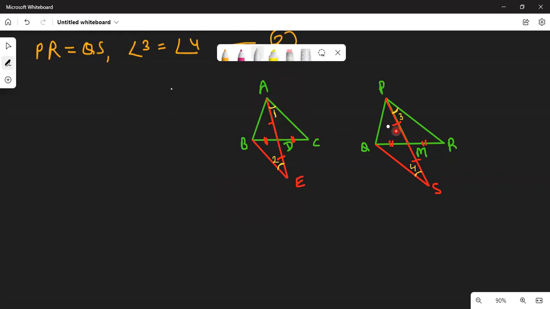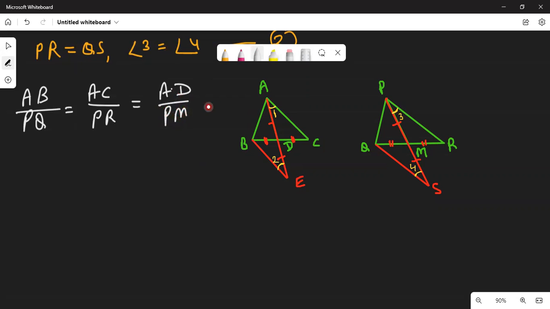So what information do we have now? Look, we are going back to what was given in the starting. We were given AB divided by PQ was the same as AC divided by PR, and it was the same as AD divided by PM.